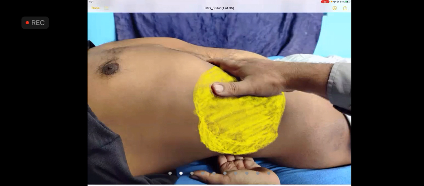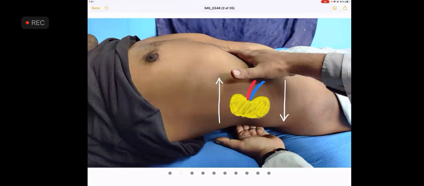The lump is felt by two hands. Can you see the picture? Okay. So this is called bimanually palpable.